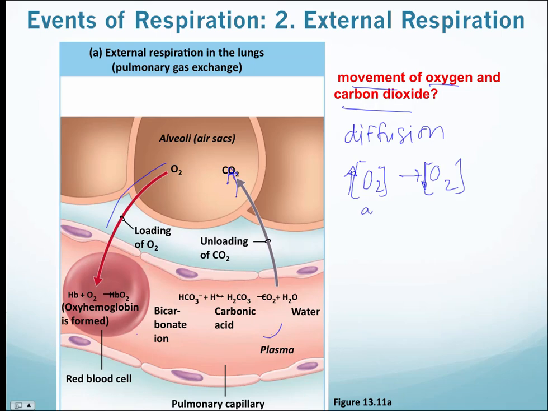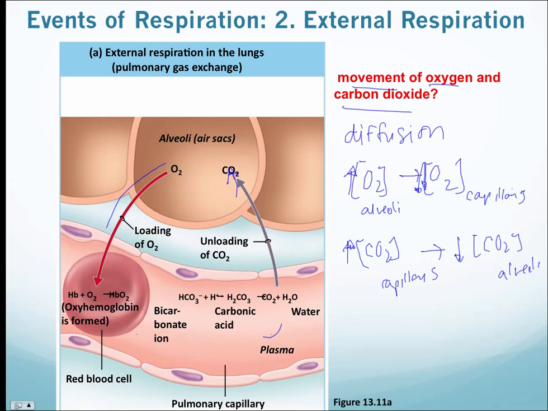So high concentration, the alveoli, to low concentration within the capillaries. Then we have high concentration of CO2 within the capillaries to low concentration of carbon dioxide within the alveoli.